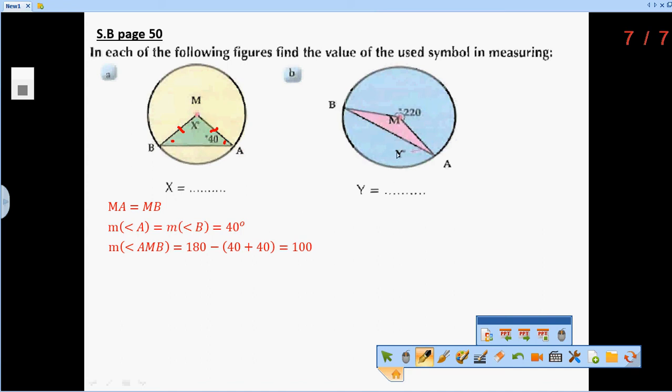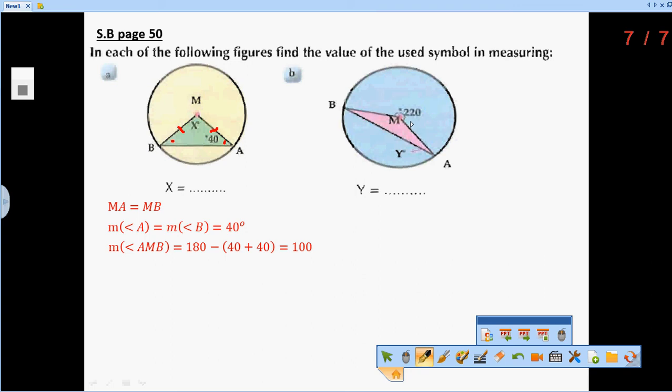Okay, let us go to the other exercise, letter B. If we have the measure of this angle AMP, reflex angle, 220. We know that the sum of the measures of angles about a point is equal to 360.